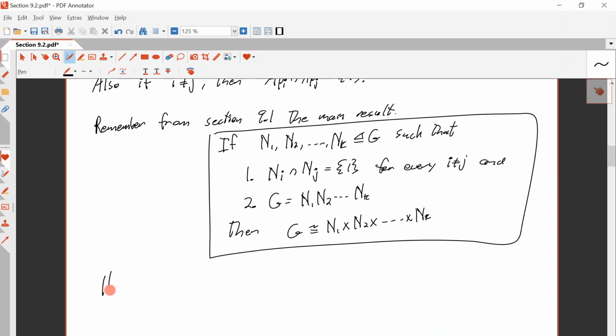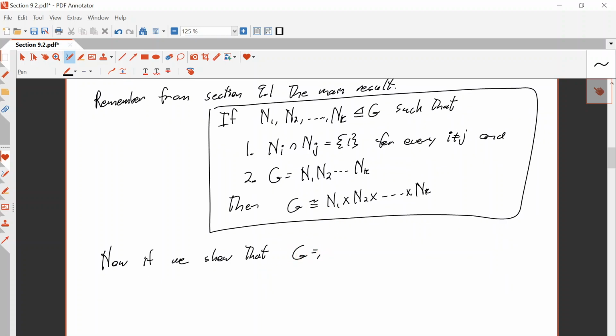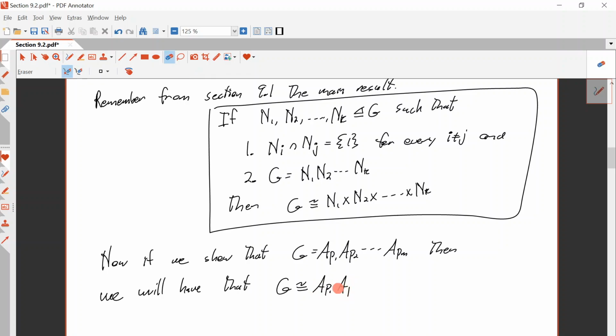Now if we show that G is equal to AP1, AP2, all the way up to APm, then we will have that G is isomorphic to AP1 cross AP2 cross, and so on, APm.